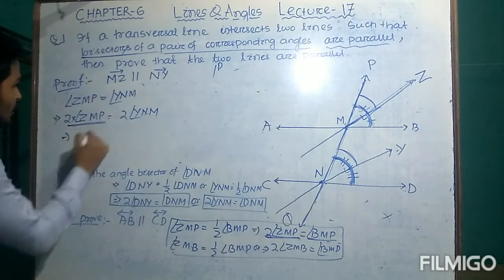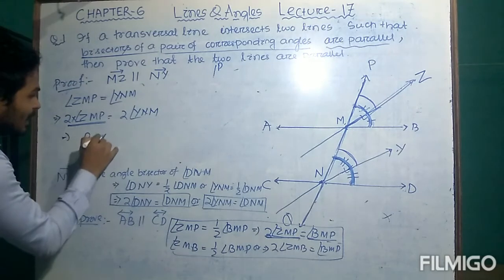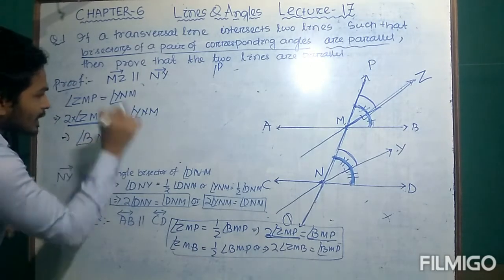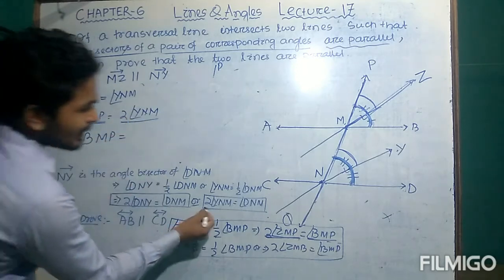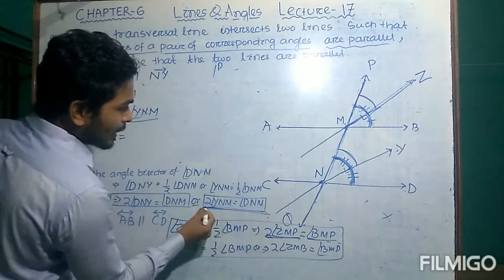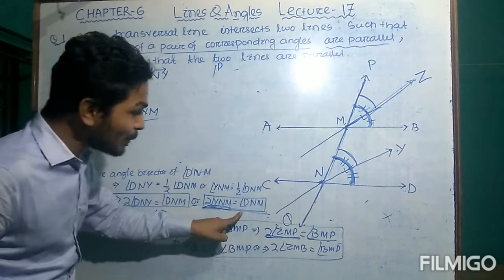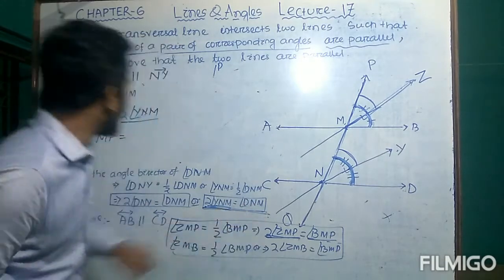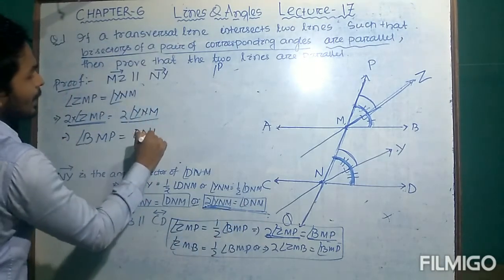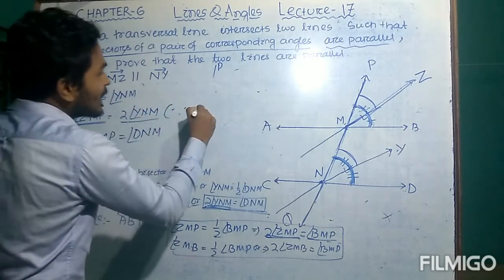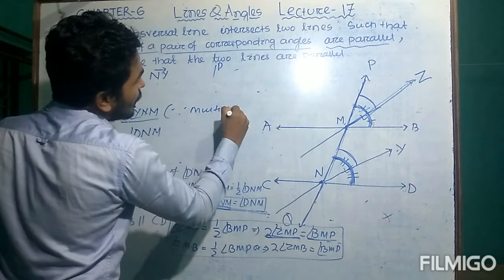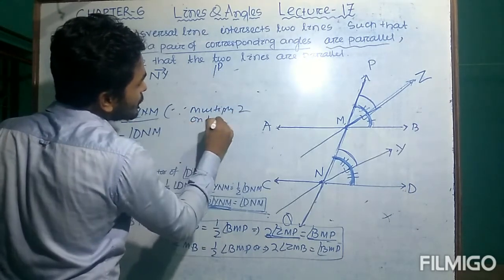So in place of 2 ZMP you can write BMP, and then 2 times YNM. In place of 2 times YNM, you can substitute angle DNM.